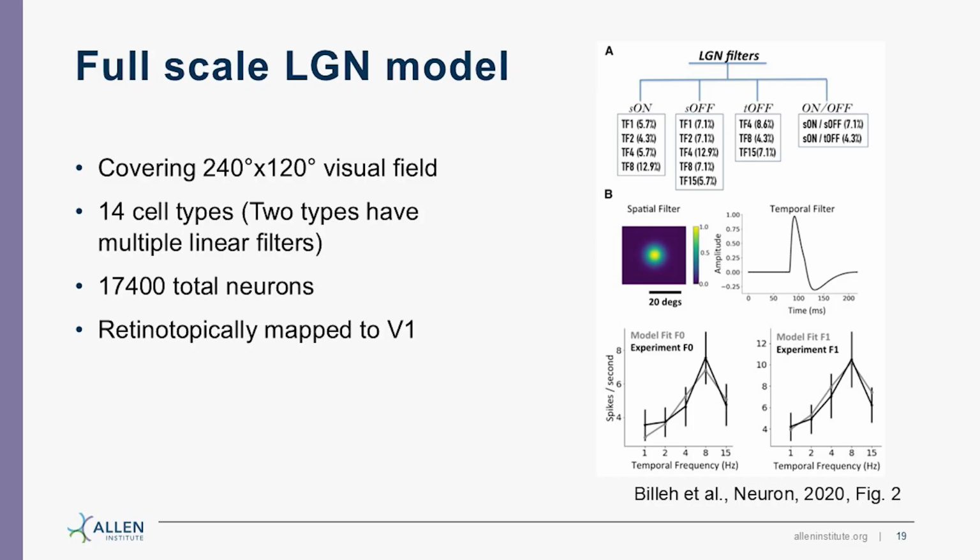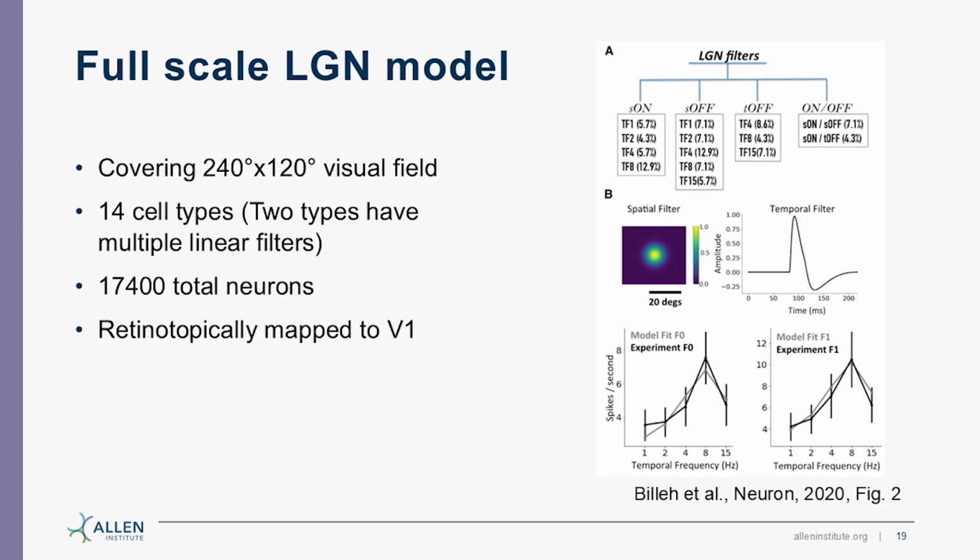Okay. And now, to clarify more of how we're using the FilterNet model, we have a full scale LGN model. What this does is it covers a 240 by 120 degree visual field. There are 4 different cell types to cover all the different types of cells we find in the LGN, and they're shown on the right here. These are the sustained on cells, sustained off cells, transient off cells, and then on-off type cells.